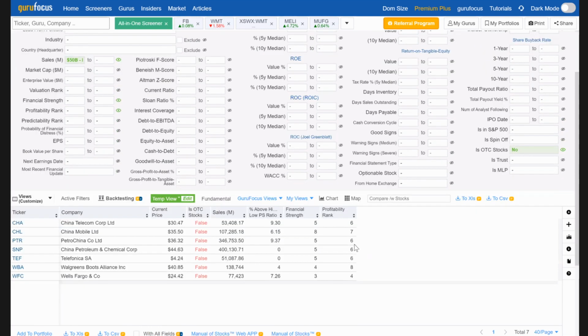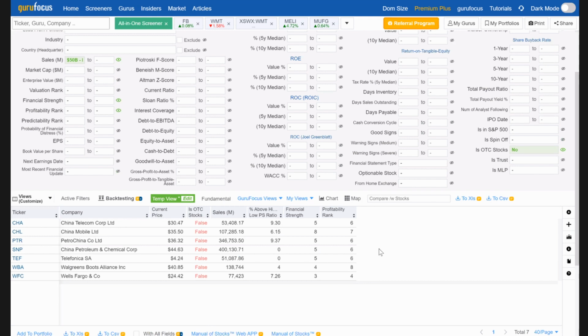Okay. When to consider PE, PS versus PB. That's actually what I discussed before. For PE, when a company has very stable profit margins, PE works very well. And PS actually works for most companies, except maybe commodity companies like ExxonMobil.